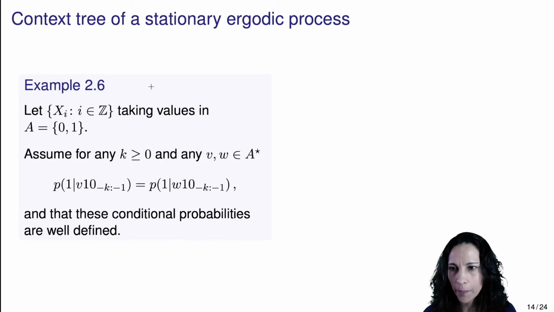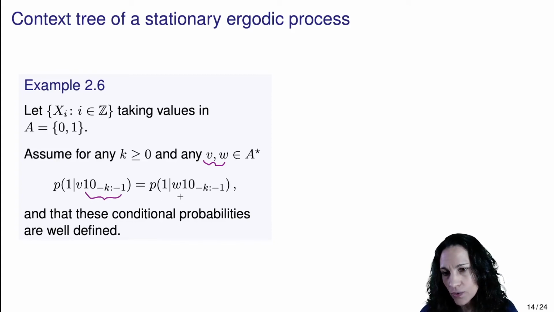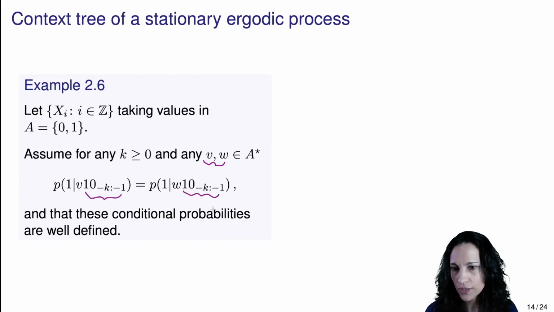Now, the last example is example 2.6, where we have a stochastic process taking values in the binary alphabet A0 equal to 0, 1, and assume that for any k and any finite sequences v and w, the probability of seeing a 1 given v concatenated with the sequence composed of a 1 and k zeros is equal to the probability of seeing a 1 given that we saw the sequence w concatenated with the sequence of 1 and k zeros.